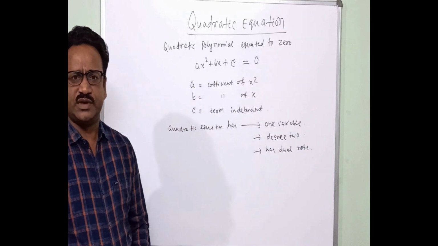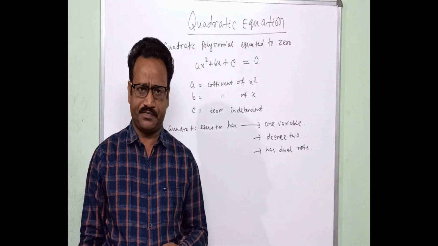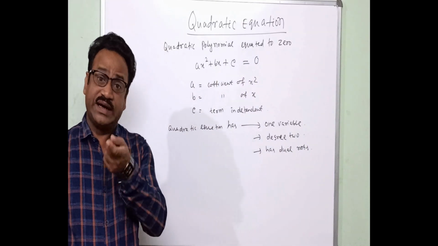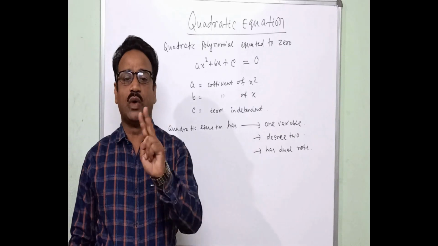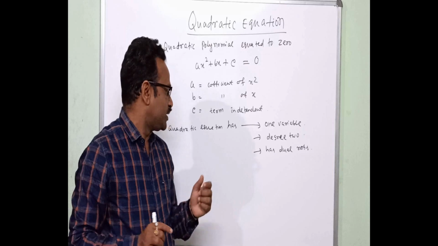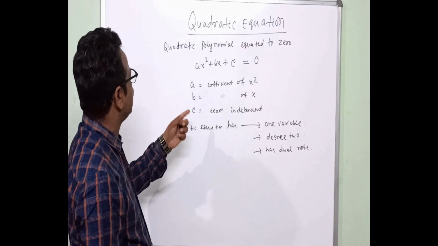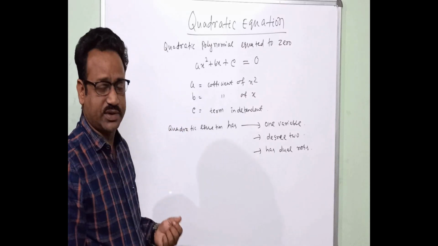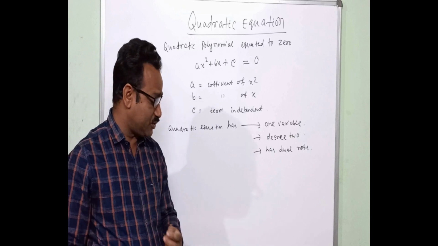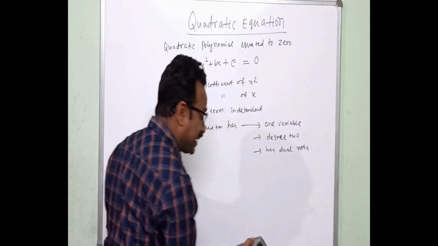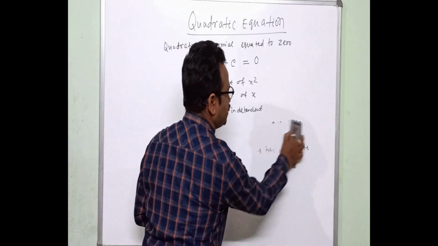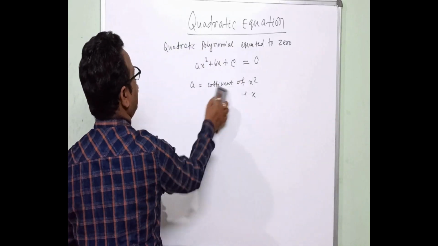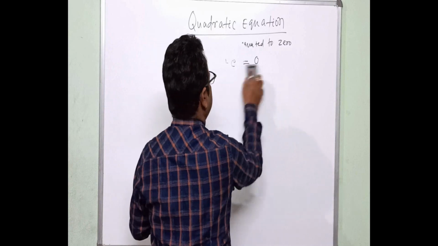So it is an equation of one variable of degree 2, with power x square, and has two roots. Now, this quadratic equation can be solved by three major ways. What are the methods of solving quadratic equations? Let us discuss the methods of solving quadratic equations.